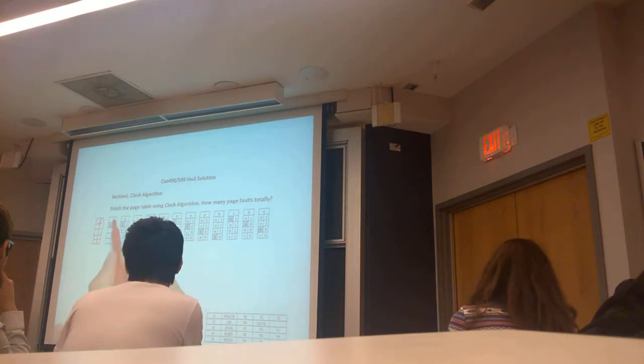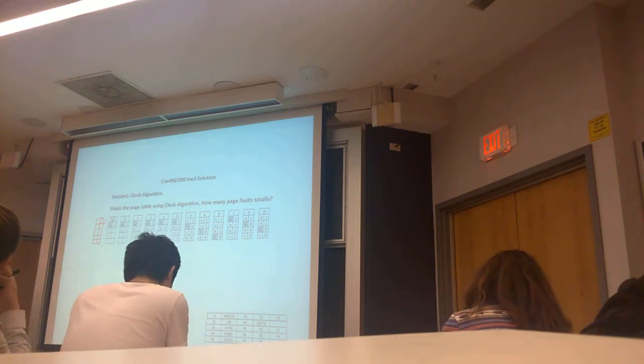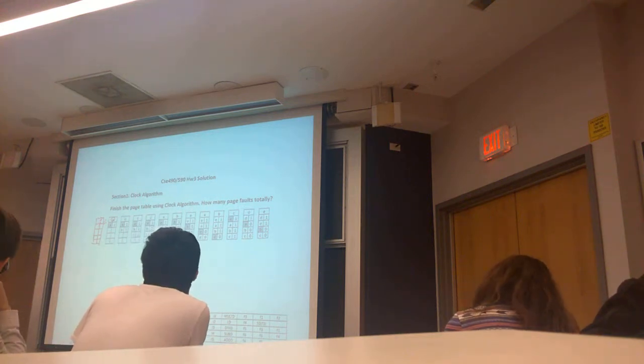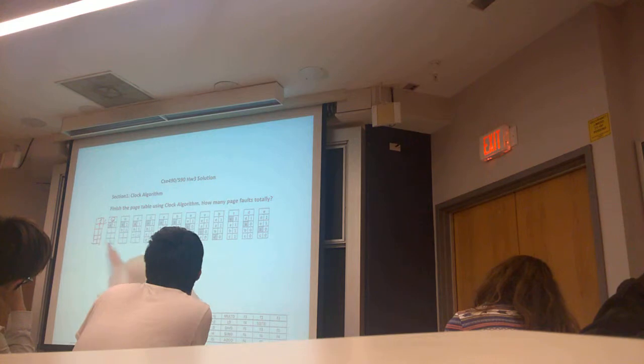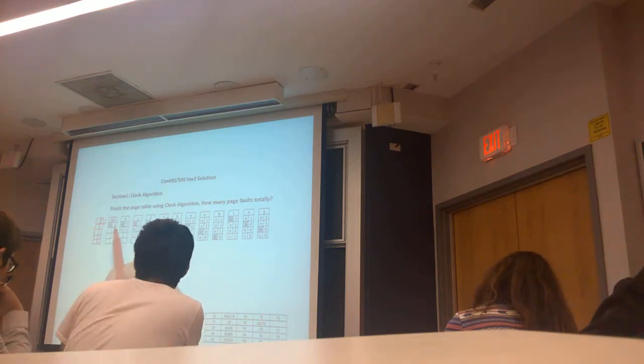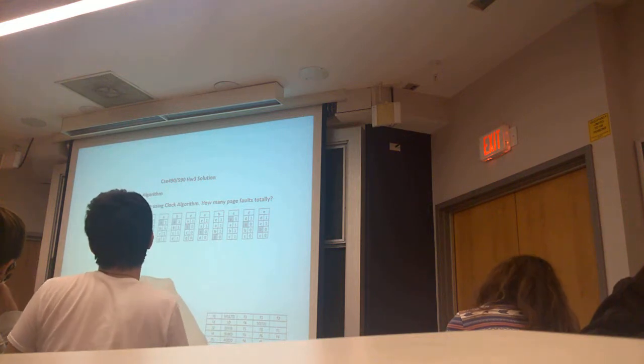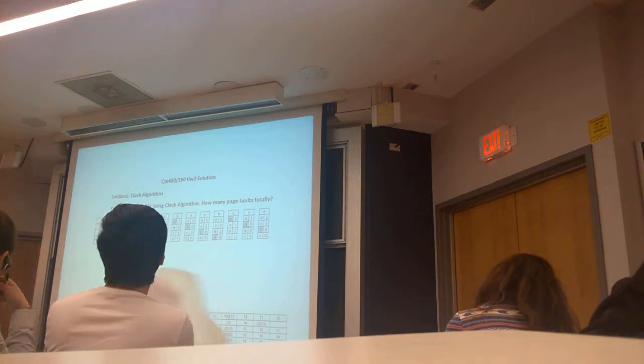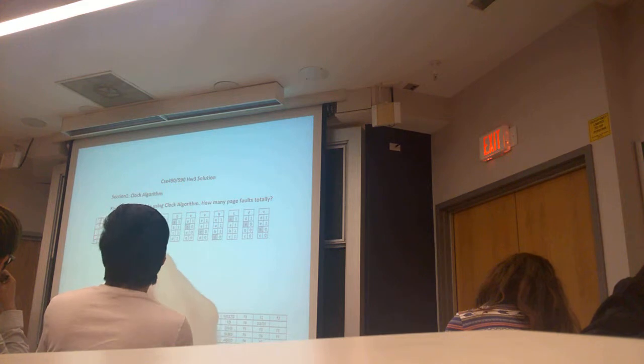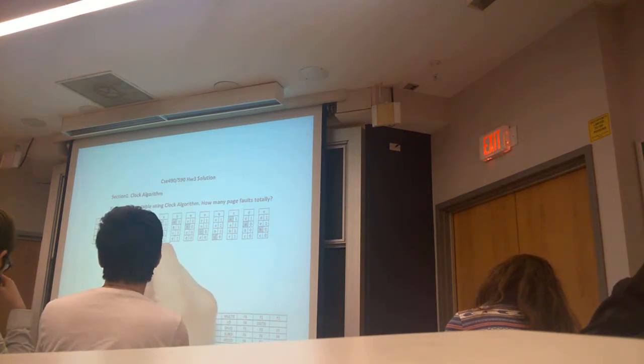And when we would like to access A, we know it's empty, and a page fault happens. We put the value of A here and set the use bit to 1. And the same for B, C, and D. For the first page faults, we call it a cold start page fault.